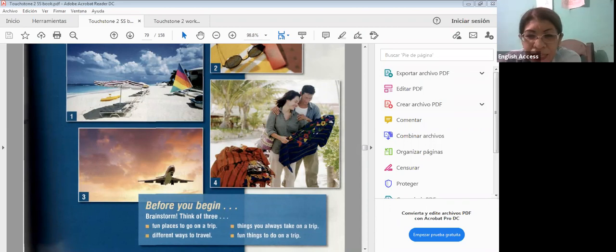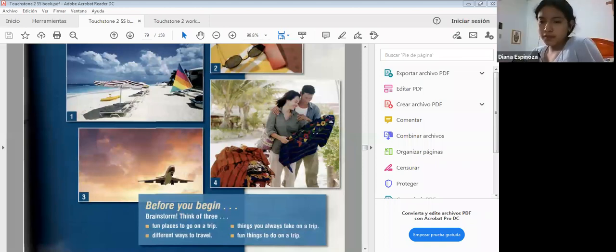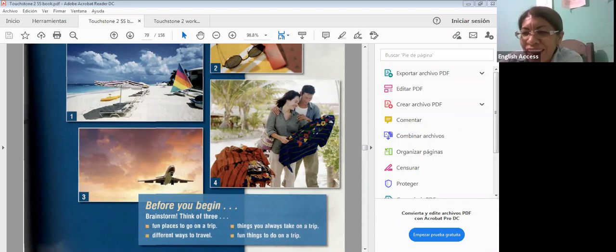Okay. And at the end, it says think of 3 fun things to do on a trip. Okay, Fernanda? Picnic, walking, and play some games. Okay, Diana? Take photos, play games, and visit museums.